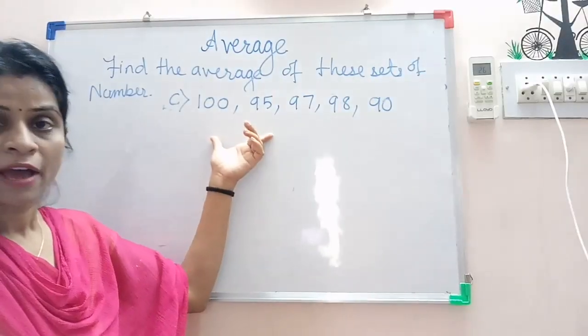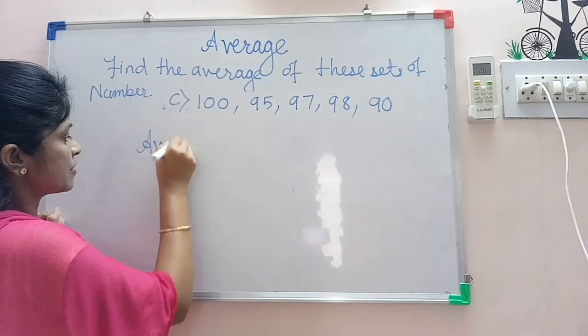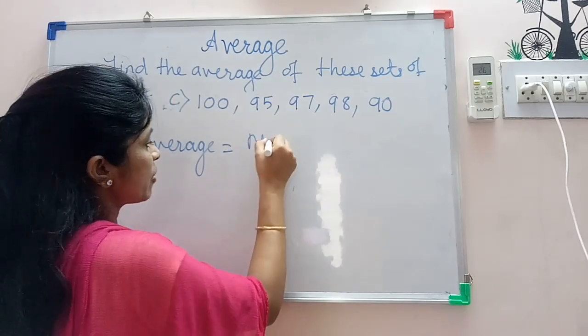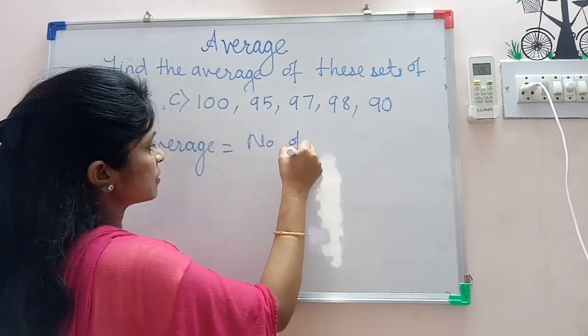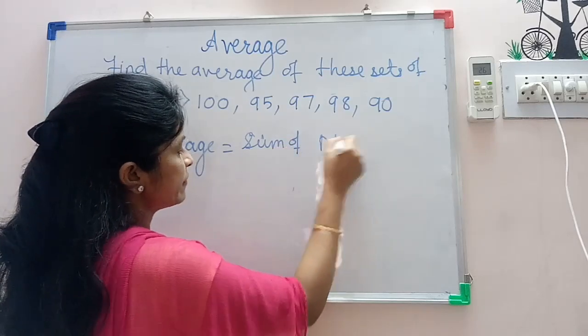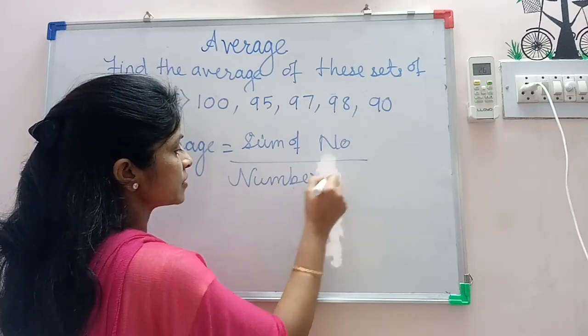Now let's take the average of this set of numbers. Write the formula of average. Average is equal to sum of numbers divided by number of numbers.